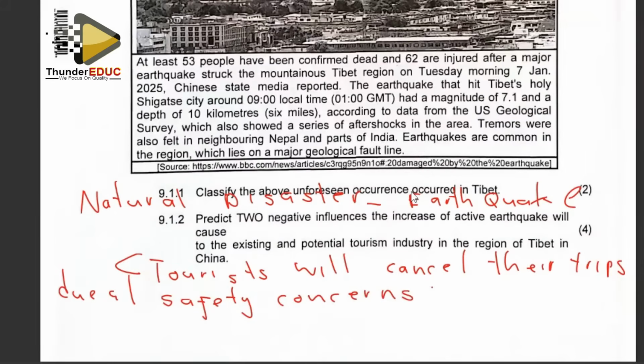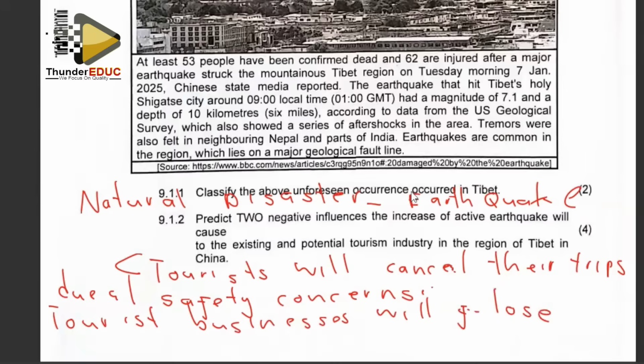Then in addition to that, tourism businesses would lose income.